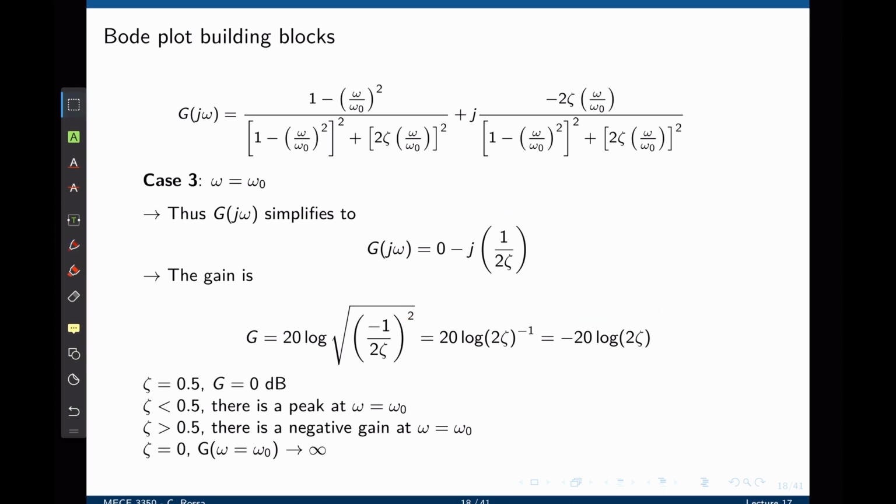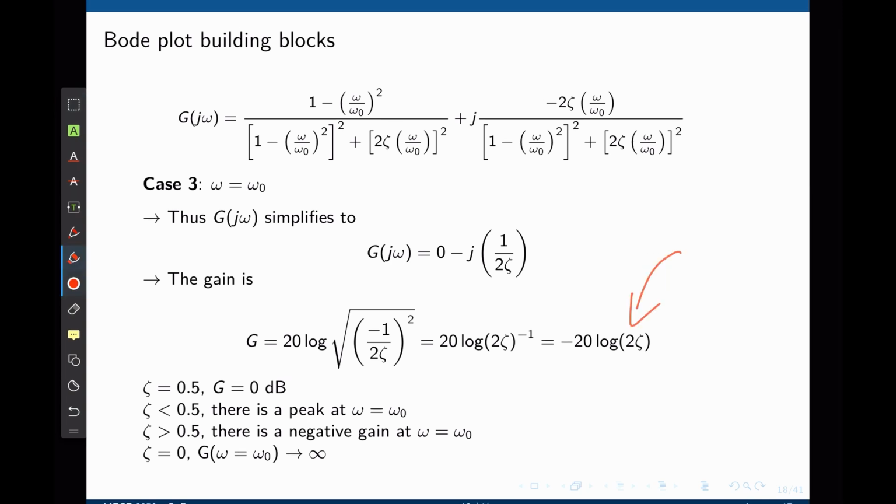And this is a very interesting result. Now the magnitude of the transfer function at the cutoff frequency depends on the damping ratio. If the damping ratio is exactly 0.5, then you have negative 20 log of 2 times 0.5, which is 1, and log of 1 is 0.